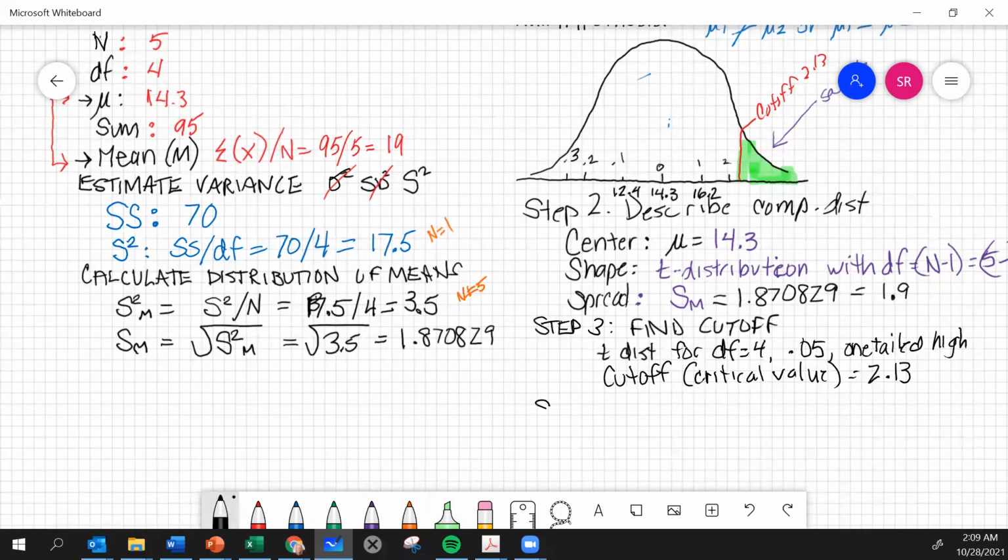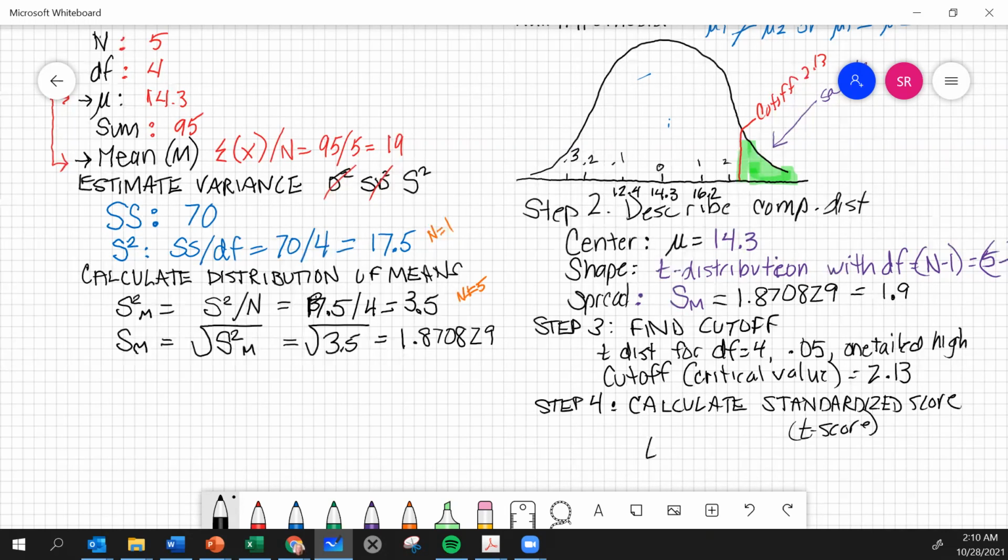We'll move along to step 4, which is calculate the standardized score. In this case, that's the t-score. And we know the calculation for that.